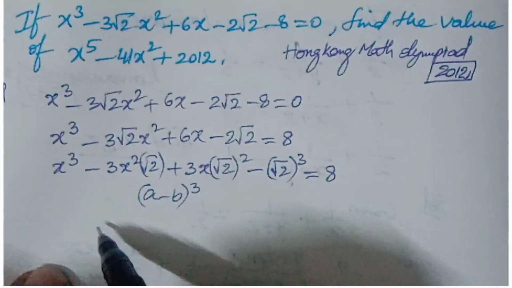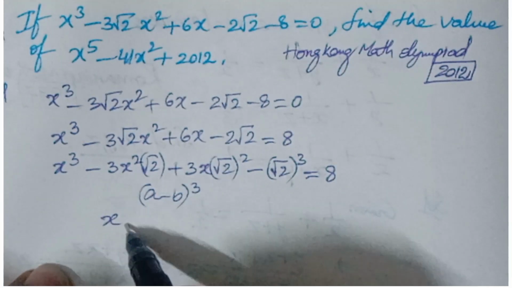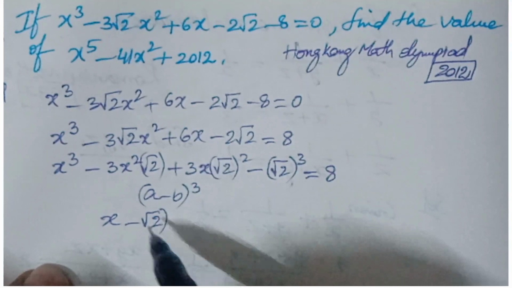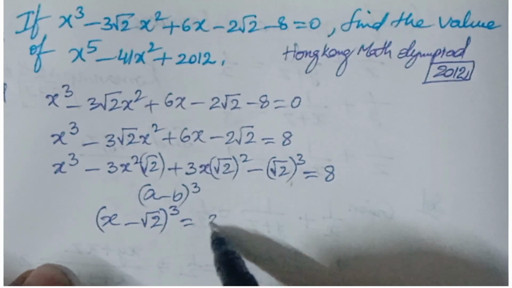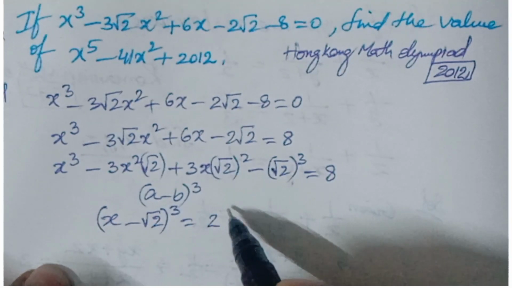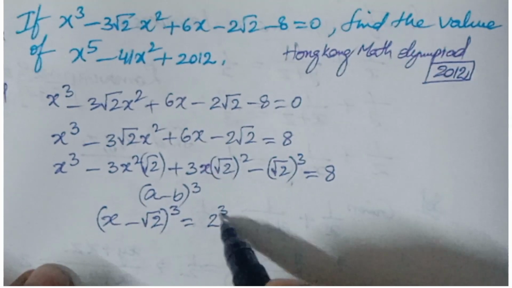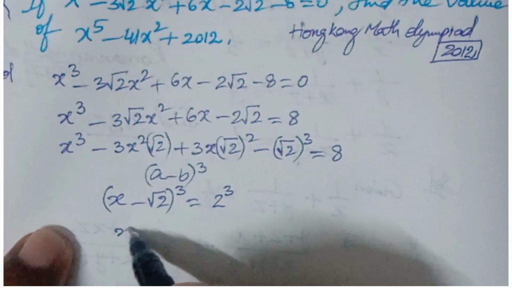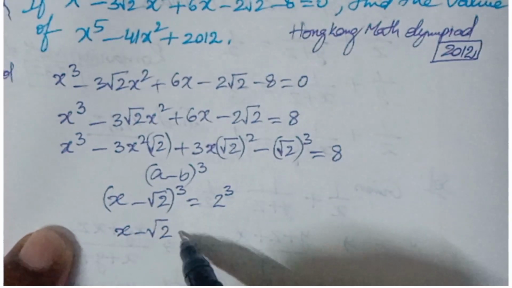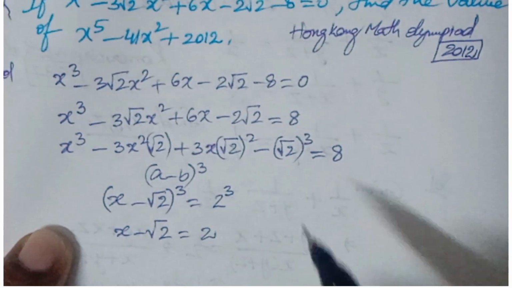So what will we get here now? x minus root 2 whole cube is equal to 2 cube, since 8 can be written as 2 cube. So x minus root 2 will be 2.